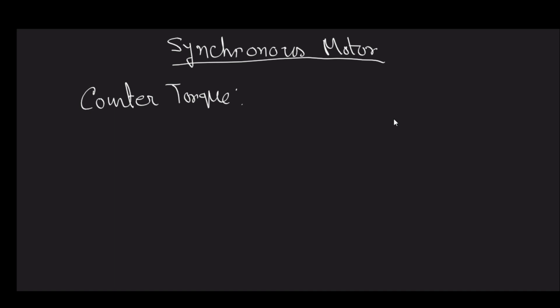So what happens in a generator when a current flows through it? It tends to slow down the machine.